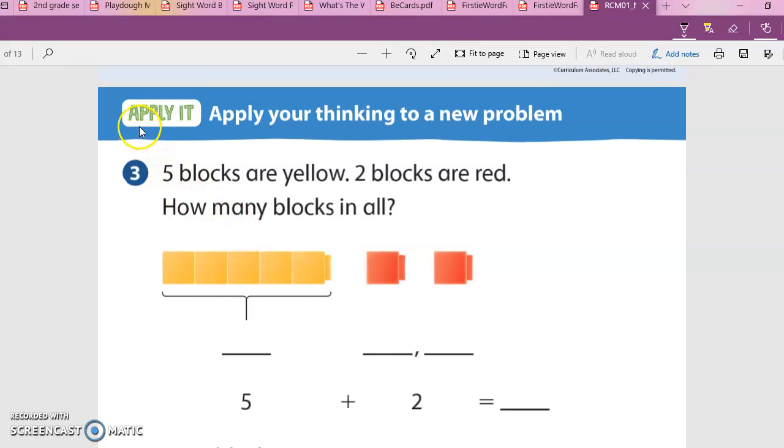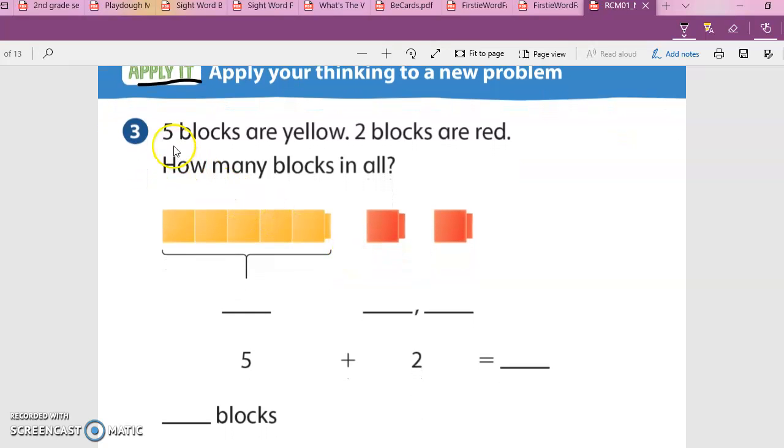Okay, so applying our thinking, we're going to use what we've talked about to solve a new problem now. This one says 5 blocks are yellow, 2 blocks are red. How many blocks in all? So they've already drawn the picture for us. How many blocks did they say were yellow? 5, right? So we're going to write a 5 right here because this is the number that we start counting with.